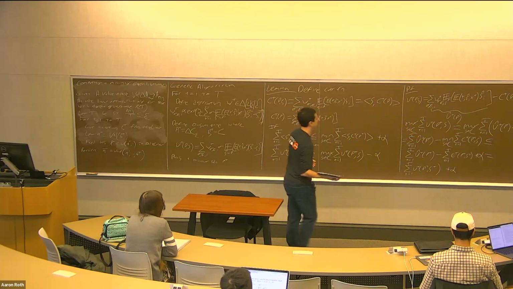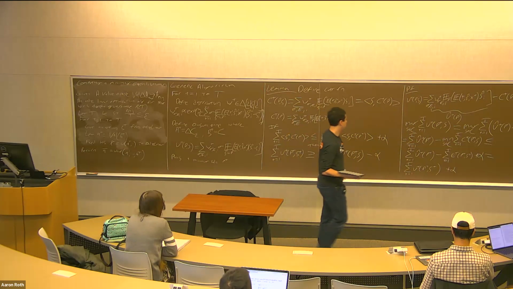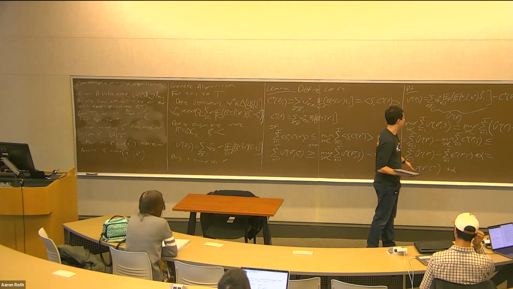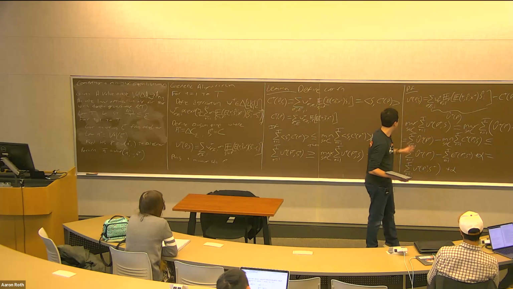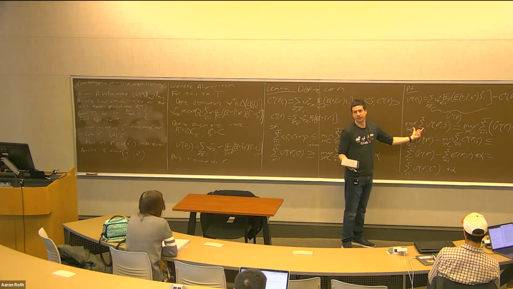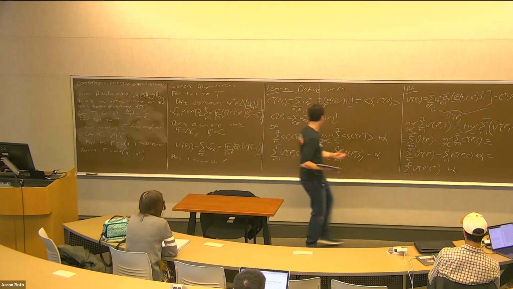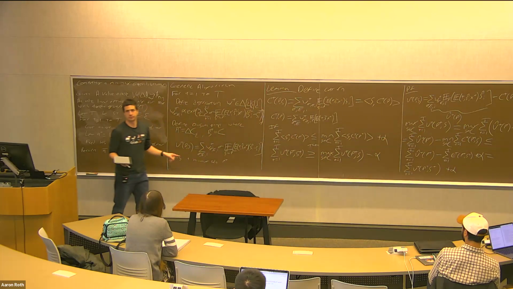And that's the regret bound we wanted. What do we have? We have that the sum of the realized utility of the game is at least the maximum utility that could have been obtained in hindsight minus alpha, which was what we wanted.